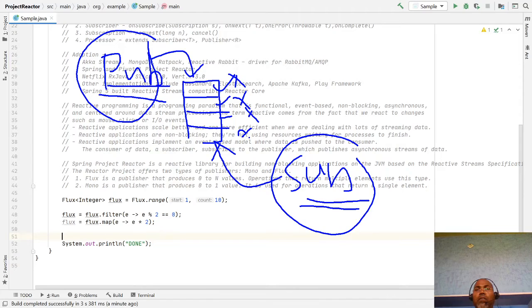That is lazy evaluation. The map operator, filter operator, and range operator are all lazily evaluated. Until you apply a subscriber, none of the operators are evaluated.